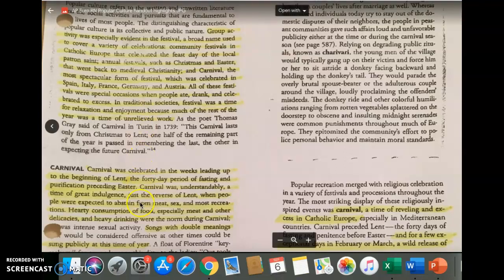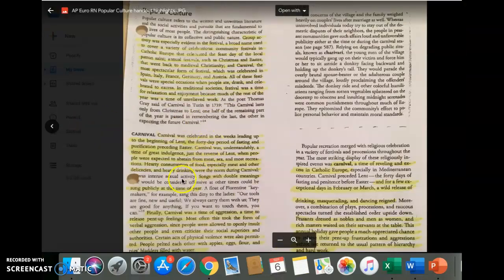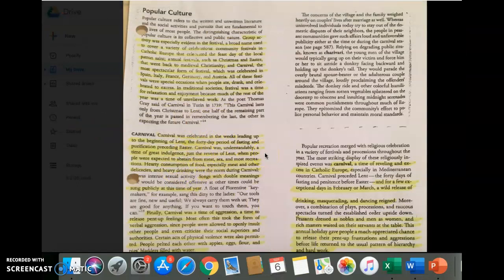Now this next paragraph is going to give you a little bit more details about carnival specifically. So this information right here, make sure you highlight it where it says carnival was celebrated in the weeks leading up to the beginning of Lent, the 40-day period of fasting and purification preceding Easter. Carnival was, understandably, a time of great indulgence, just the reverse of Lent, when people were expected to abstain from meat, sex, and most recreations.